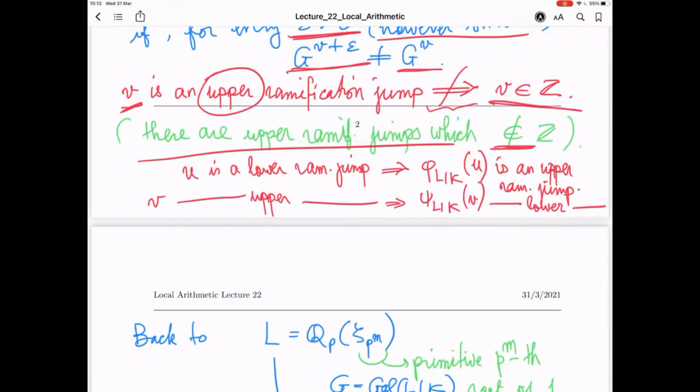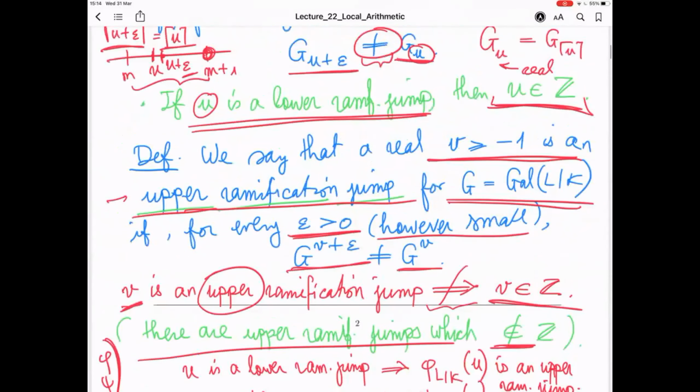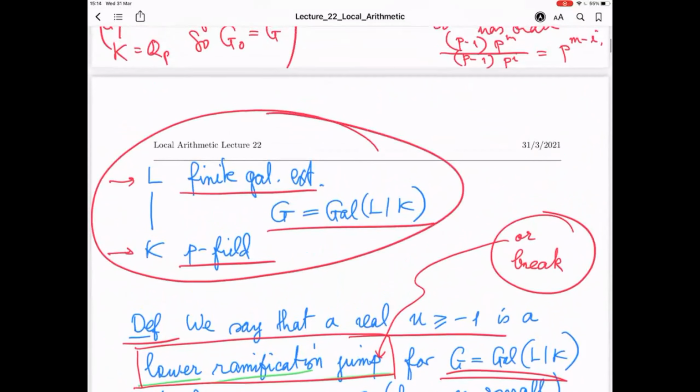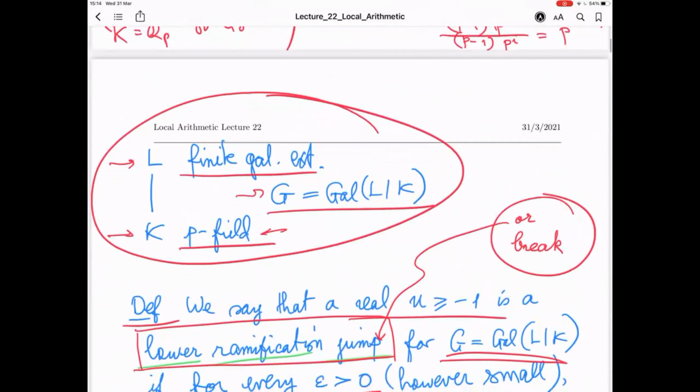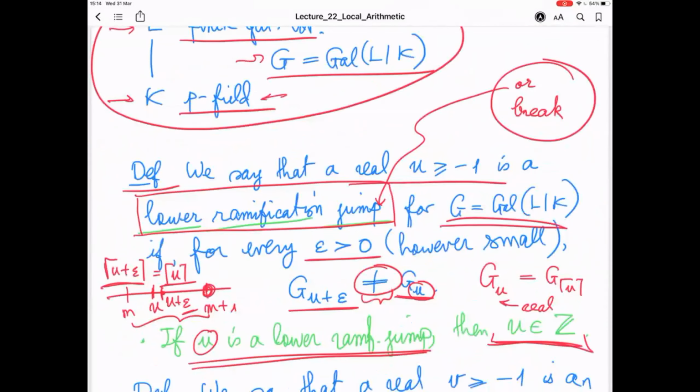So they determine each other. There are these functions phi and psi, which determine the lower numbering in terms of the upper numbering, and the upper numbering in terms of the lower numbering. So this was for a general Galois extension, right? This is a general definition. When K is a p-adic field, the group G has a filtration. The filtration has two numberings, so to speak, the lower and the upper. And then there's this notion of a lower ramification jump and an upper ramification jump.